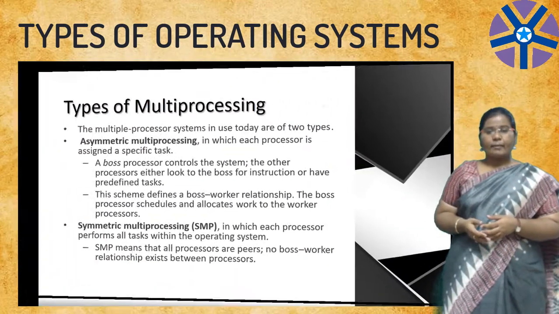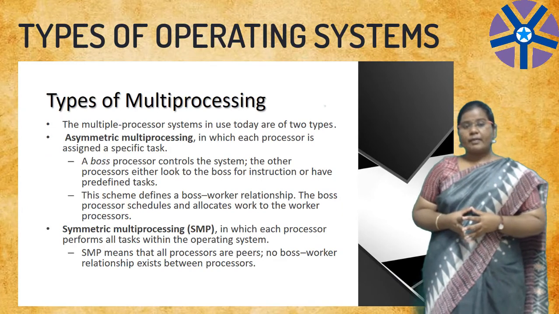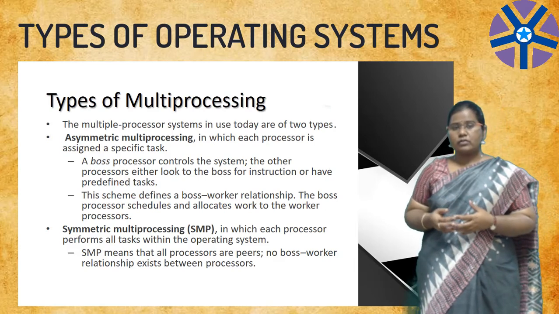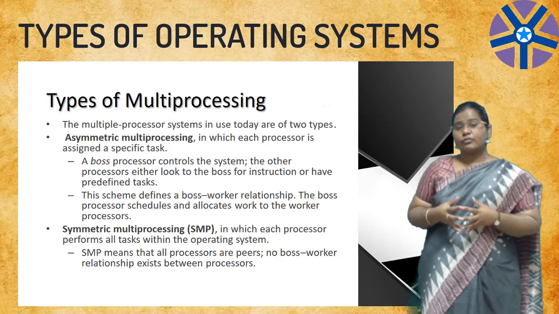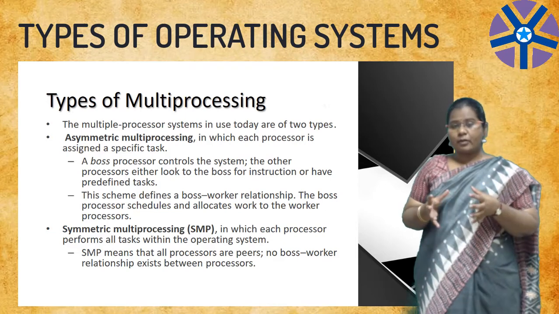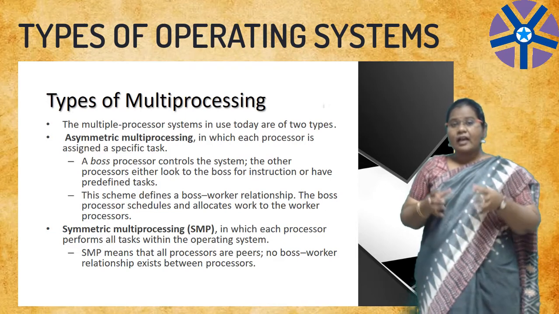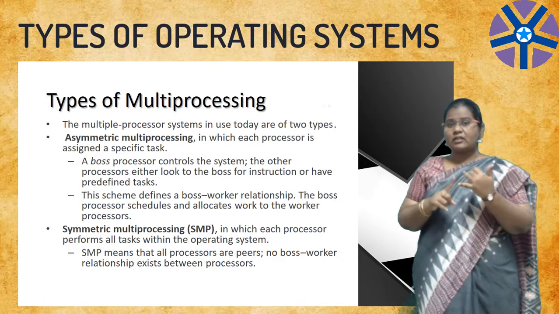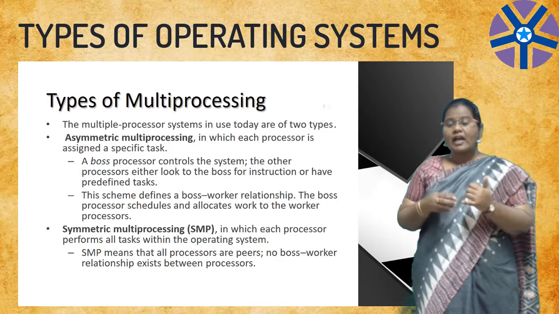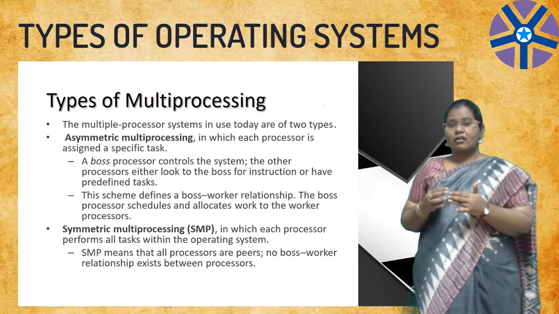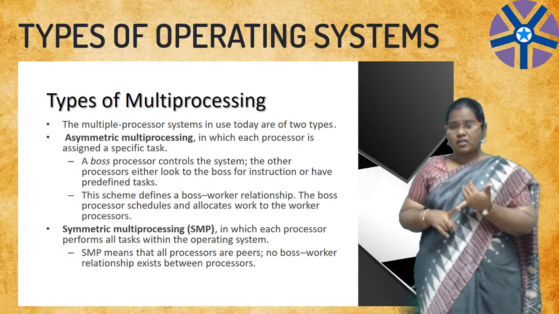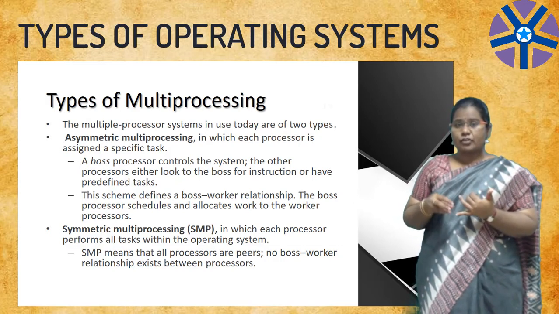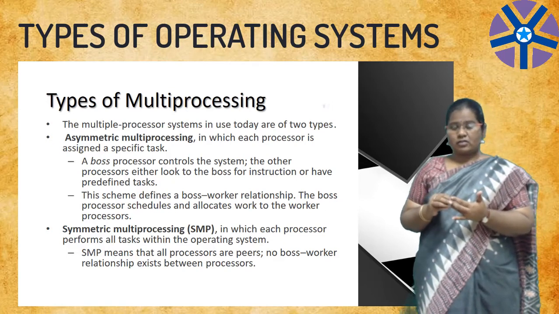And next we'll see the types of multiprocessing based on the relationship between processors. Multiple processors are present in your computer, and out of all the processors, if one processor has all the permissions, that processor is called the boss processor, and the remaining processors are called worker processors. The boss processor controls all the operations and the specific tasks that should be done by the worker processors.